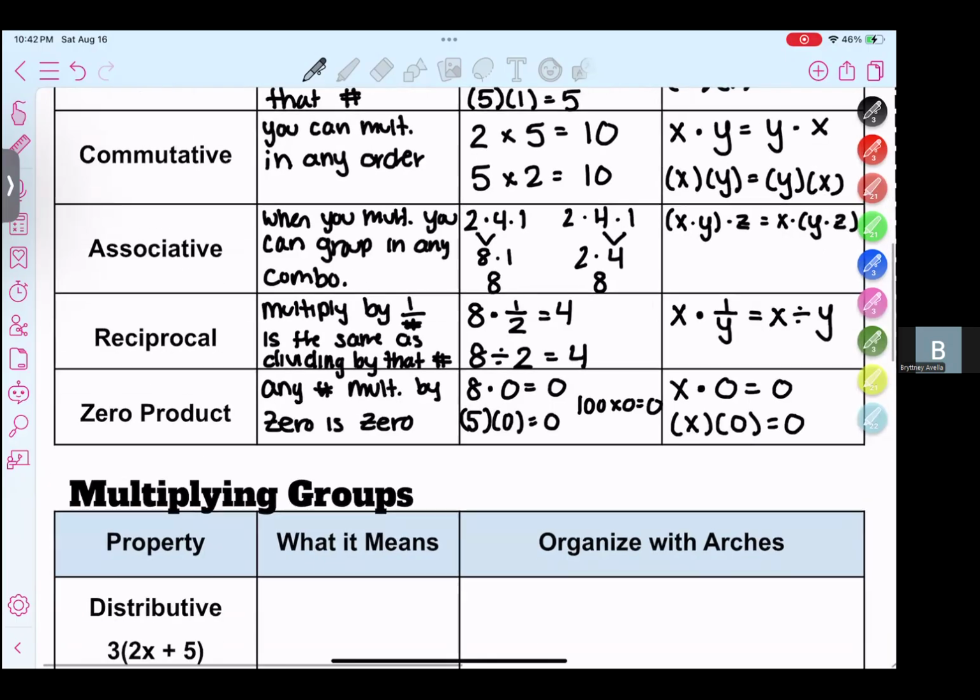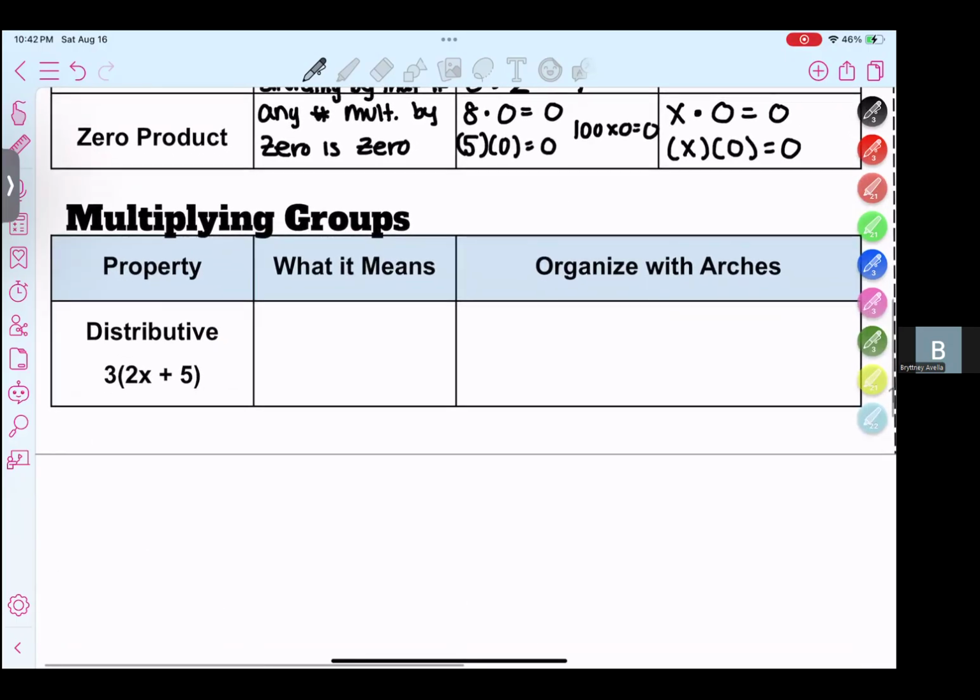And the last little cheat code that we have here is multiplying groups, which is our distributive property of multiplication. And what it means is the number outside the parentheses will get multiplied by everything inside the parentheses.